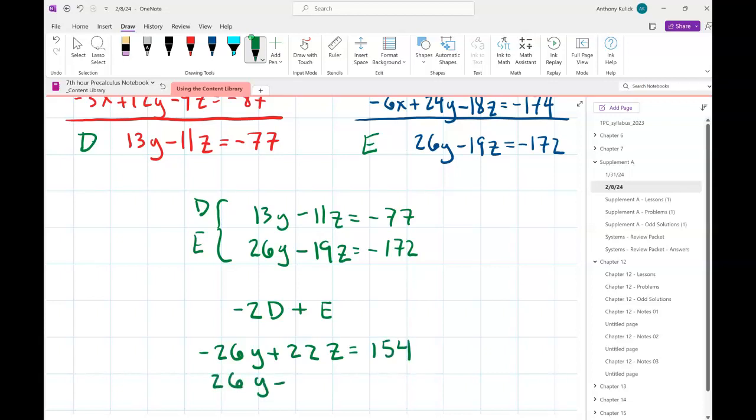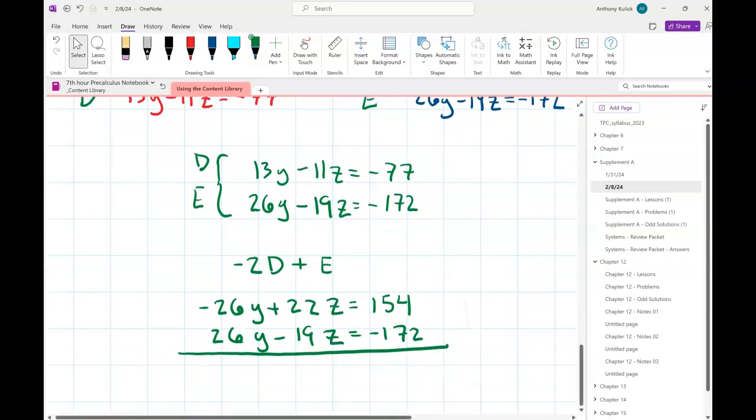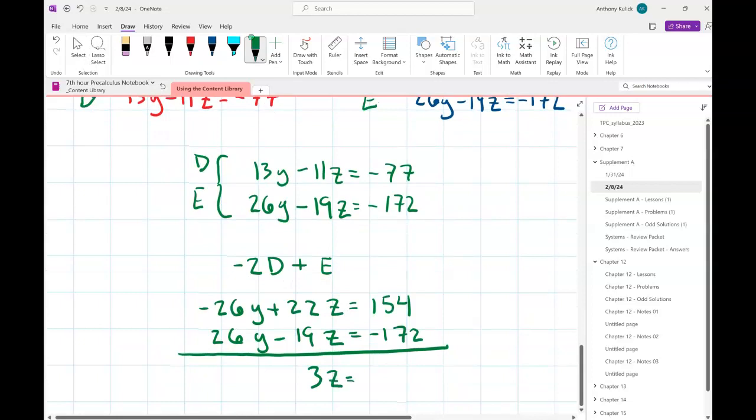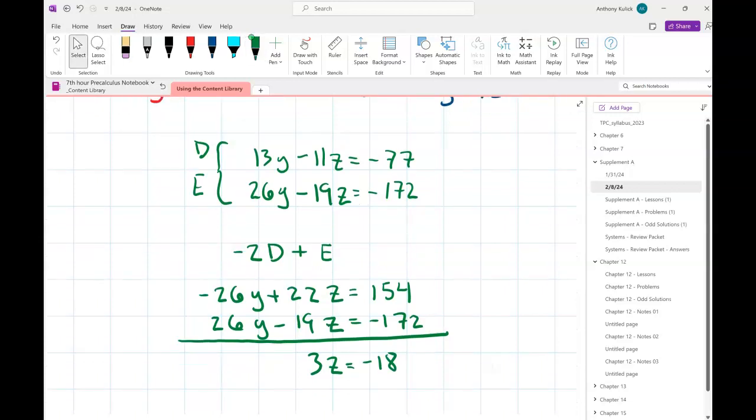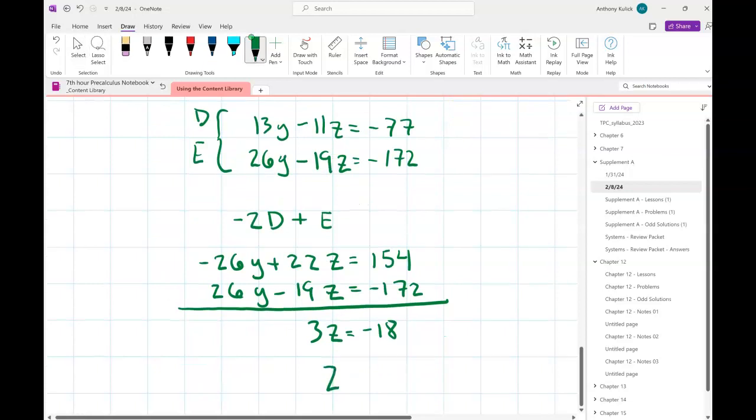And then equation E, we're choosing not to do anything to at all. So when I divide by 3, I get negative 6 for z.